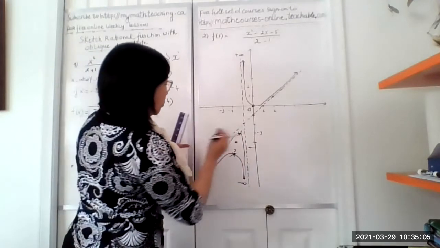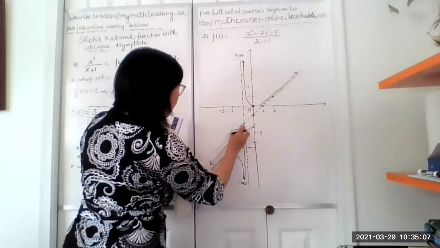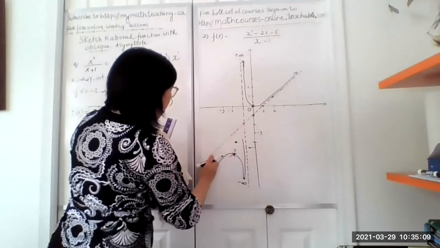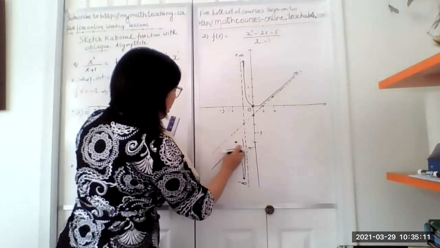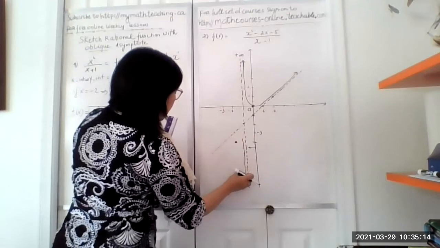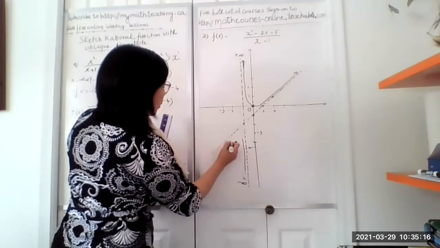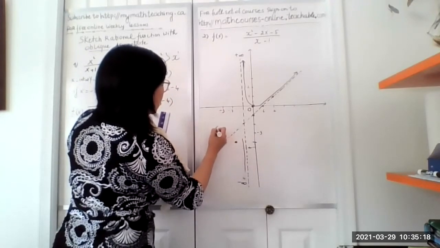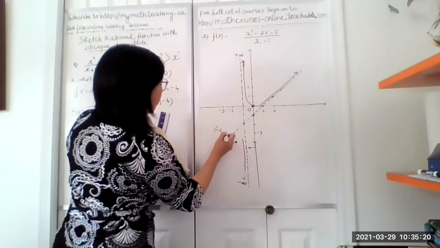So now I can re-sketch it, reshape it, right? Now I know my point is here. This is the point where x is minus 2 and y is minus 4, right?